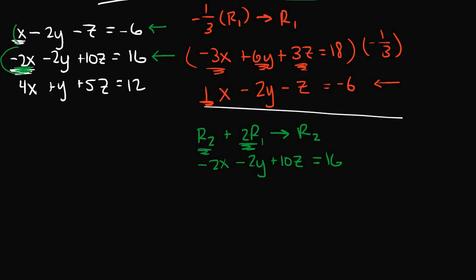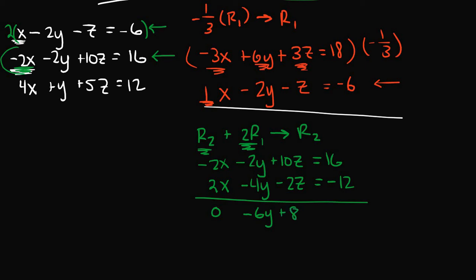Multiplying equation 1 by 2, I get 2x minus 4y minus 2z is equal to negative 12. Let's add these two equations together. In the x column, negative 2x plus 2x is just 0. Negative 2y plus negative 4y is negative 6y. 10z minus 2z is positive 8z. And finally, 16 minus 12 is just 4. So now this becomes our new R2. We take 2 times R1 and add it to R2 to get our new R2.